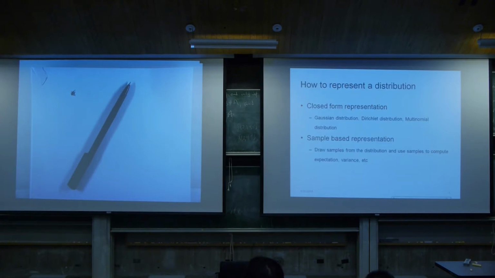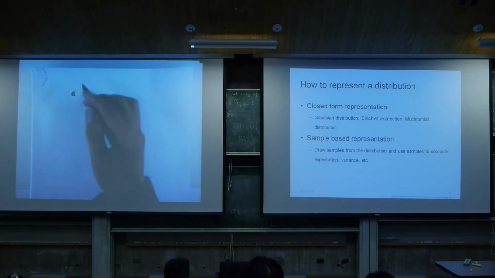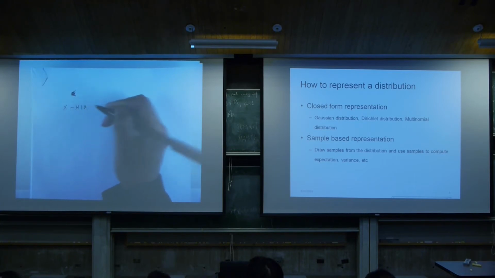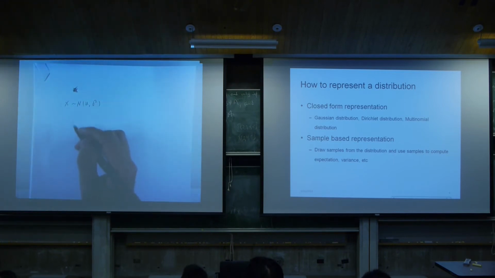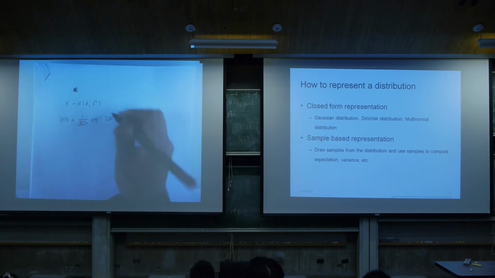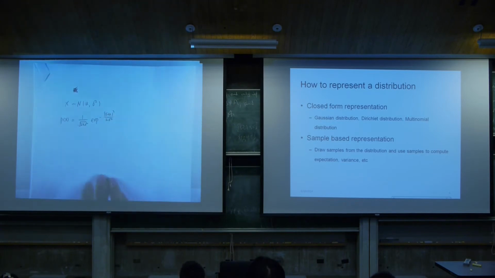So here is the motivation of the sampling methods. How do you represent a distribution? There are two ways. The first one is to use a closed form representation. For example, if we know that X is drawn from a Gaussian distribution parameterized by mu, the mean, and sigma square, the variance, we can write the density function as p(x) equals 1 over the square root of 2 pi sigma square times exp of the exponent.